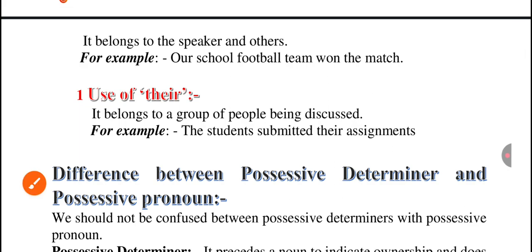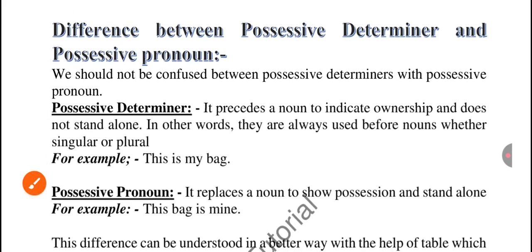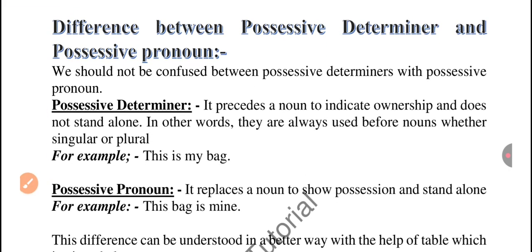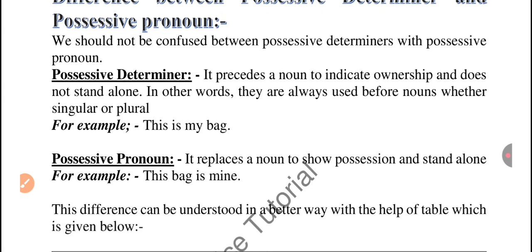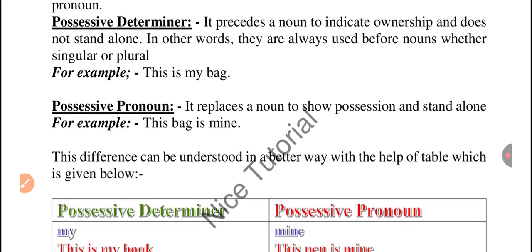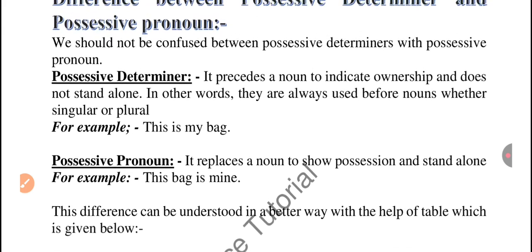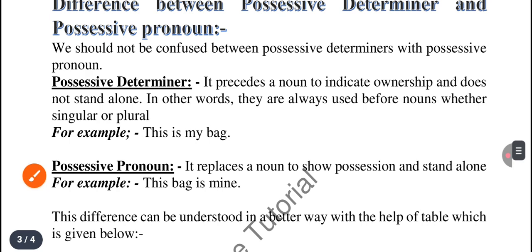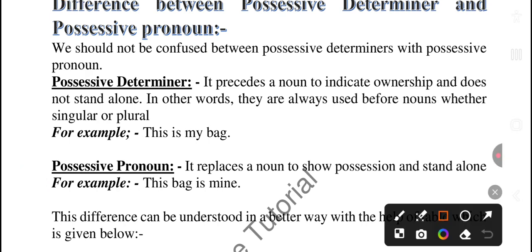Now, with the help of the table given below here, we shall clarify the doubts between possessive determiner and possessive pronoun. At first, we should know what is a possessive determiner.